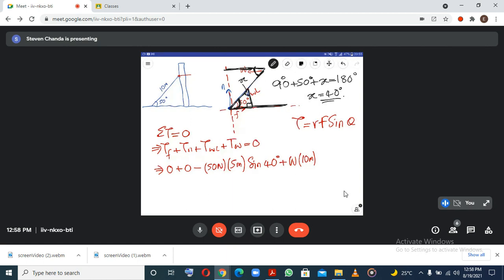So the angles I've shaded black are the same. Perhaps you may remember this from your mathematics, grade 12. So this force W is acting at an angle of what? Sine 50 degrees.